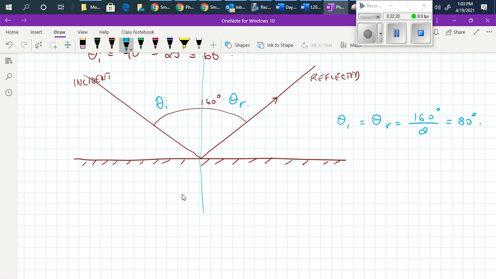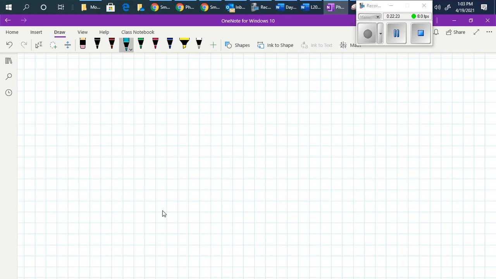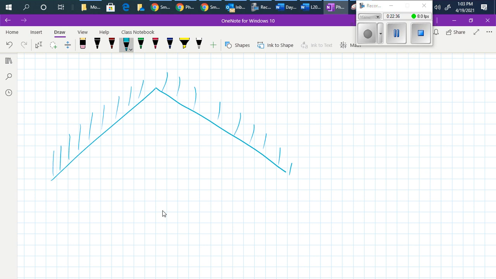And if we have surfaces that are creating a certain angle with each other, so let's say that we have two surfaces here that are forming a 100-degree angle, and then the incident ray on surface 1 is coming like this, and the angle with the surface is, let's say, 30 degrees.